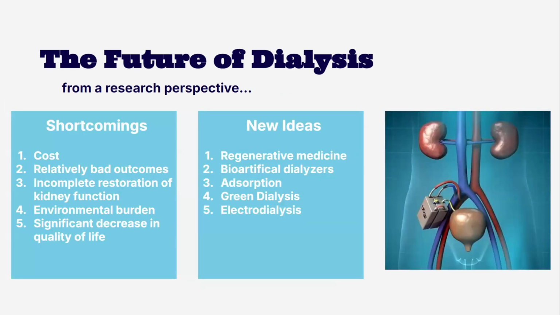So now let's look at the future of dialysis from a research perspective. As mentioned earlier, current shortcomings of dialysis include the cost, which includes the cost of manufacturing and the treatment, and relatively bad outcomes, which specifically means lower survival rates for kidney failure compared to kidney transplantation and even some other cancers, and incomplete restoration of kidney function, specifically meaning it does not restore metabolic activities in the kidney.